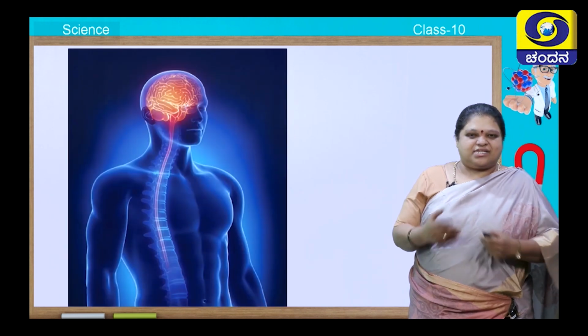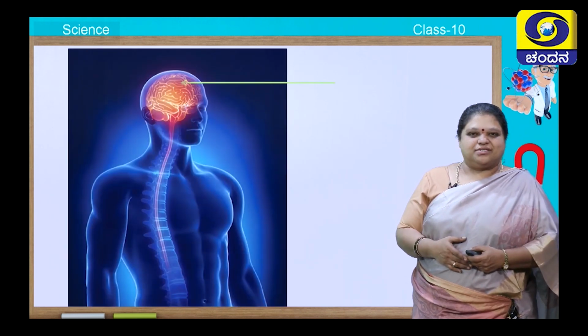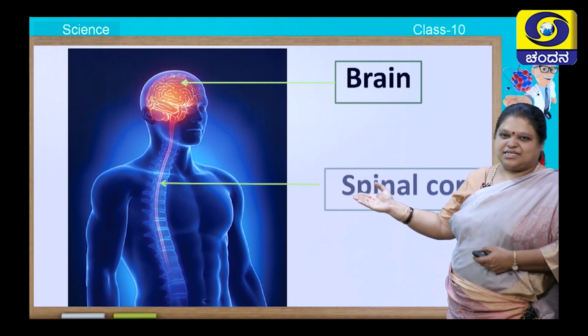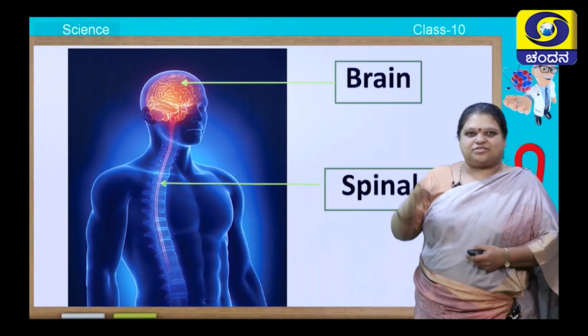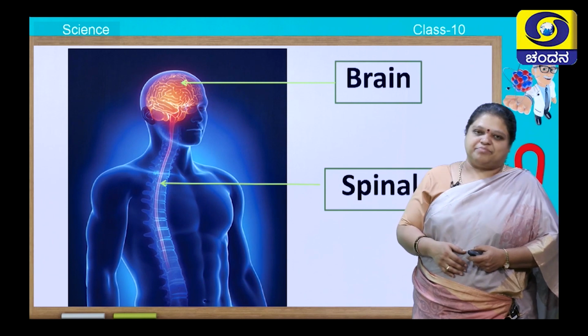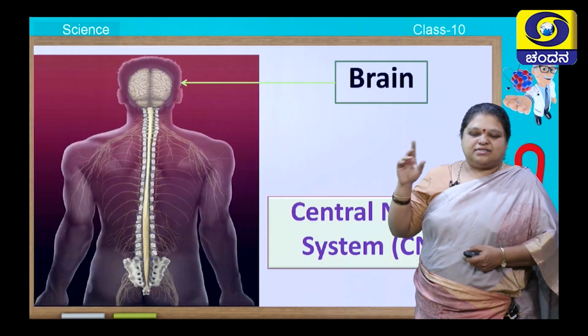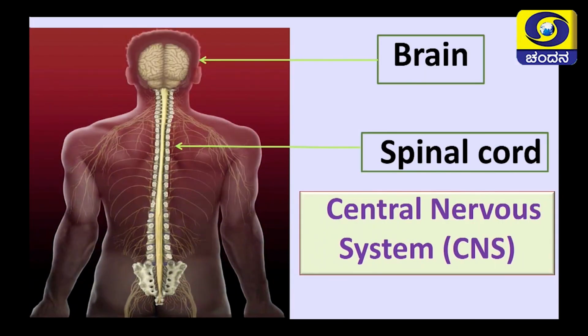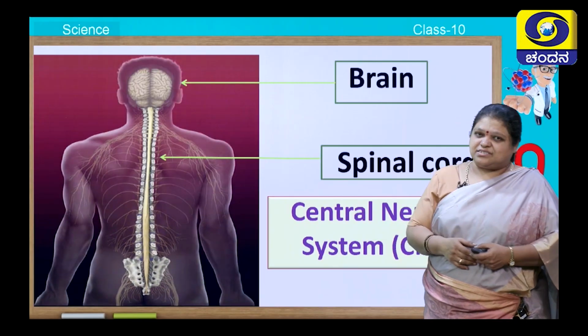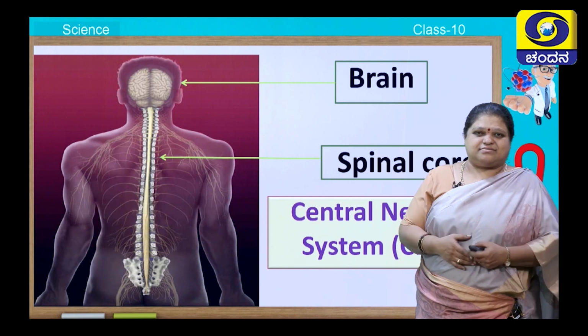So in our previous class we studied about the brain as well as the spinal cord. We studied a few functions of few parts of the brain. You know that this brain and spinal cord come under central nervous system, that is CNS.